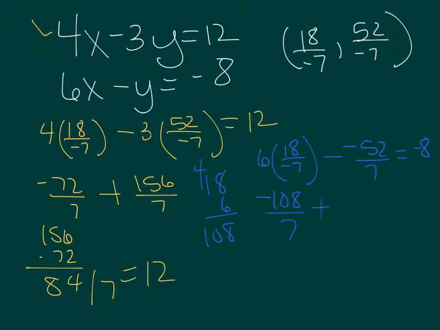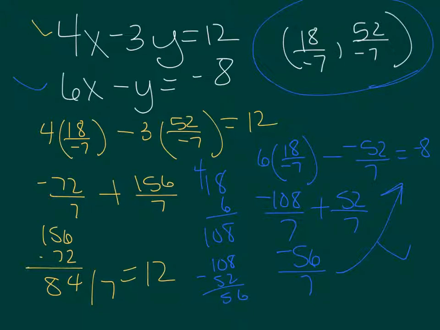Minus the negative is going to be a plus, 52 over 7. 108 minus 52 is 56, so that's negative 56 over 7. Is that negative 8? Yes. Okay, so our answer checks out. This is our final answer.